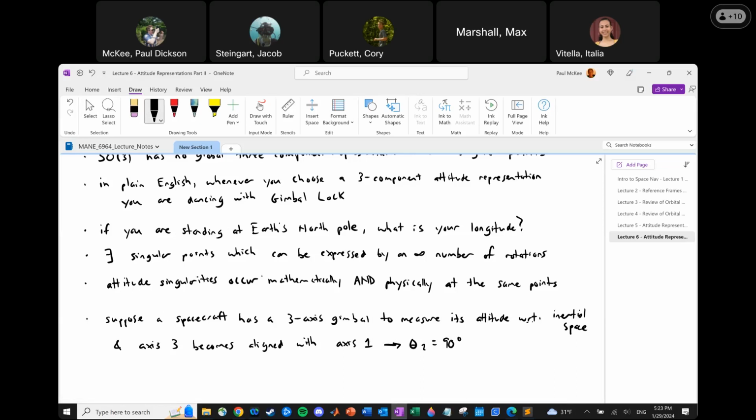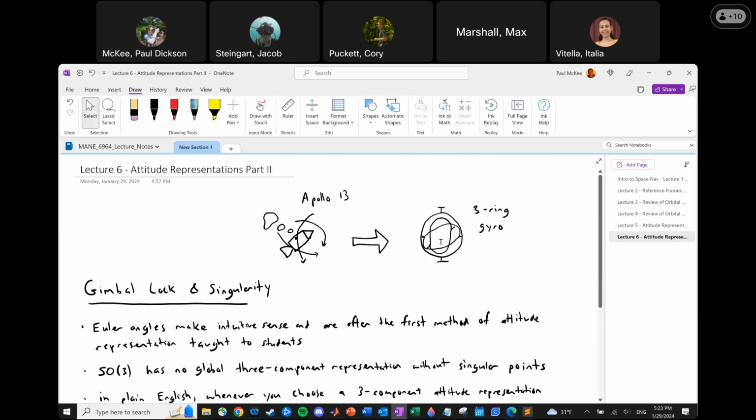So the angle of the second axis is 90 degrees. So you can just imagine, however you've got axis 1 oriented, axis 2, if it is spun 90 degrees with respect to axis 1, will now align axis 3. So essentially, it's the same as two of these rings being lined up. Actually, as drawn, this is in gimbal lock.